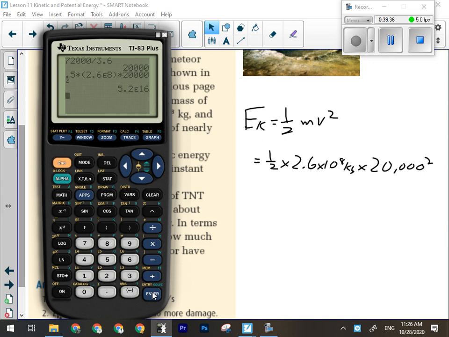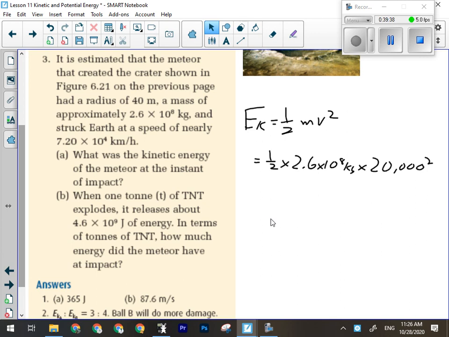Now, in the second part, they're telling us that 1 ton of TNT explodes, it releases 4.6 times 10 to the 9 joules worth of energy. In terms of tons of TNT, how much energy did the meteor have upon impact? What do I do with this number and the one I just calculated? Divide them, yeah, exactly.